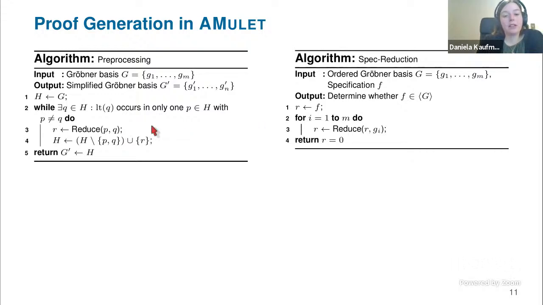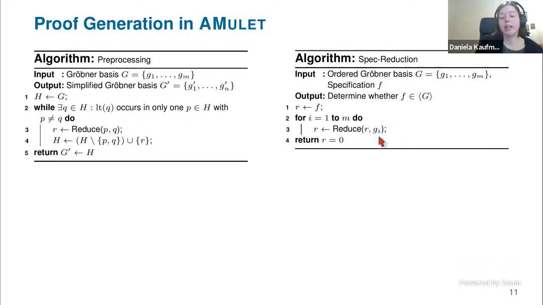The difference is that in pre-processing, both polynomials of the reduction steps, so both P and Q, are already contained in the Gröbner basis, so they are elements from there. While in the spec reduction, the specification, so the polynomial which is reduced by the Gröbner basis, is not known to us because we want to show that it's contained in the ideal.